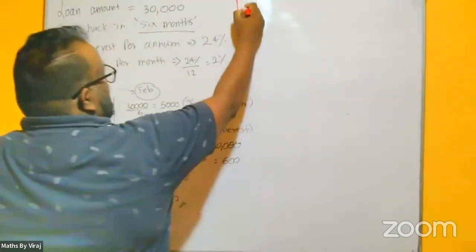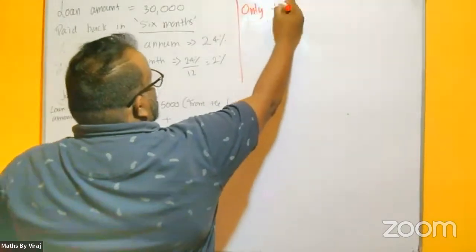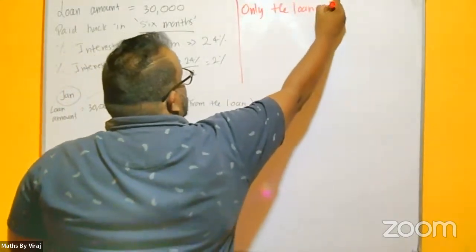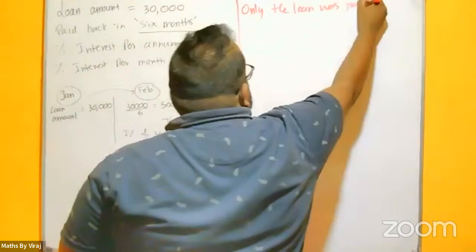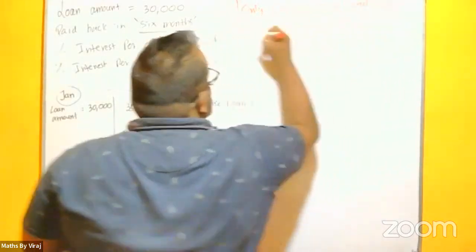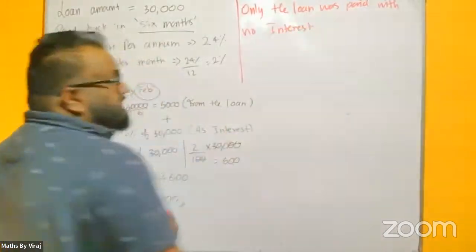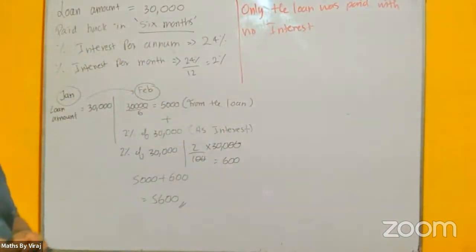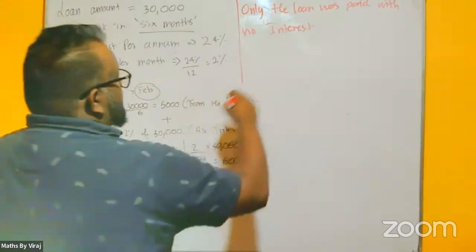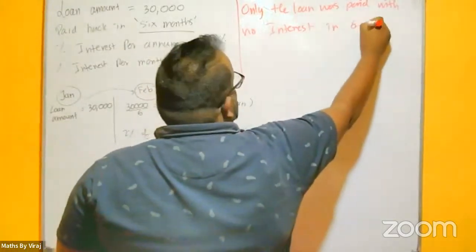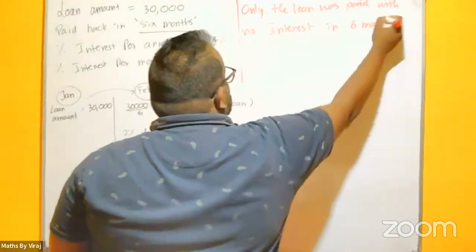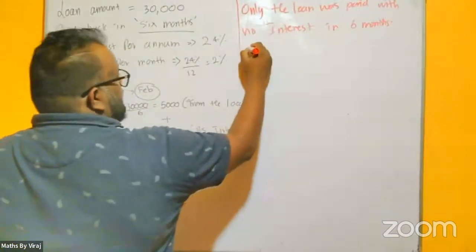Let's assume that only the loan was paid with no interest. If the loan was paid with no interest in 6 months, how much should I pay per month?